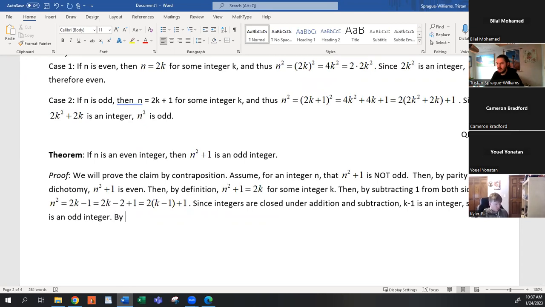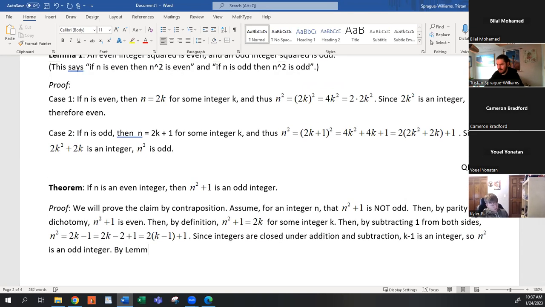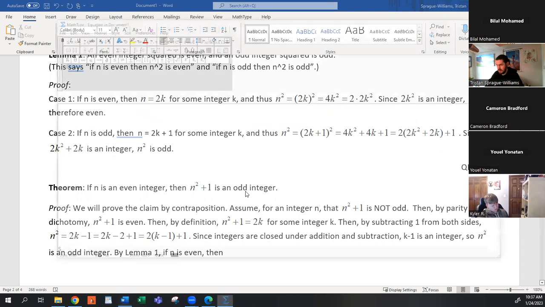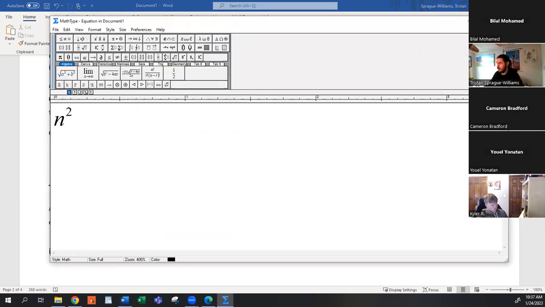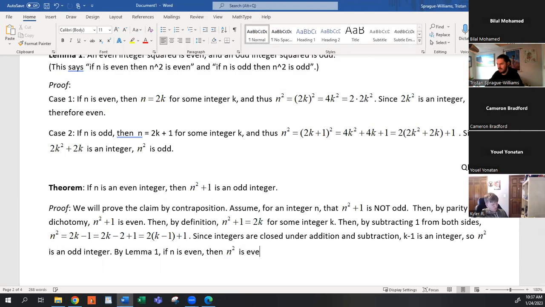So in my theorem down here, what I'm going to say is by lemma 1, if n is even, then n squared is even.